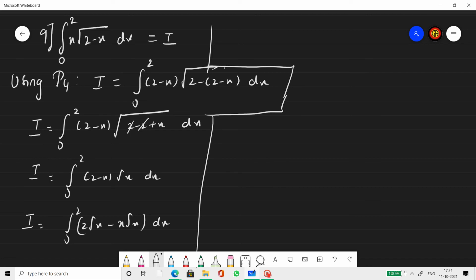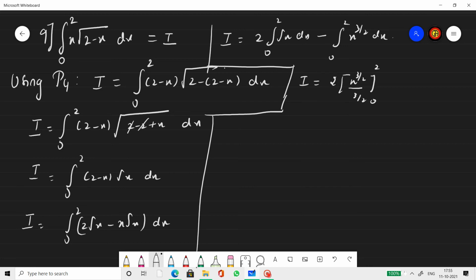Now integrating each term separately. I equals 2 outside, integration of root x dx from 0 to 2, minus integration of x^(3/2), which is x into root x multiplication, from 0 to 2 dx. So I equals 2 times x^(3/2)/(3/2) from 0 to 2, minus x^(5/2)/(5/2) from 0 to 2.